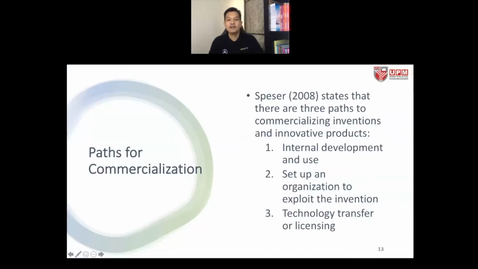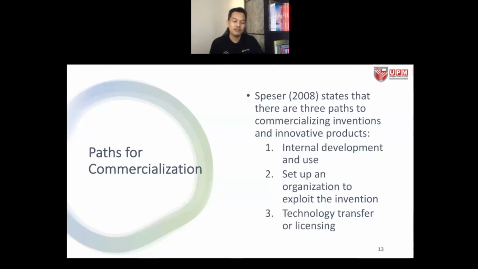According to Spencer in 2008, he states that there are three paths to commercializing inventions and innovative products, right? The first one is internal development and use, right? So when we say internal development and use, it is also considered commercialization, even if it is being used internally.